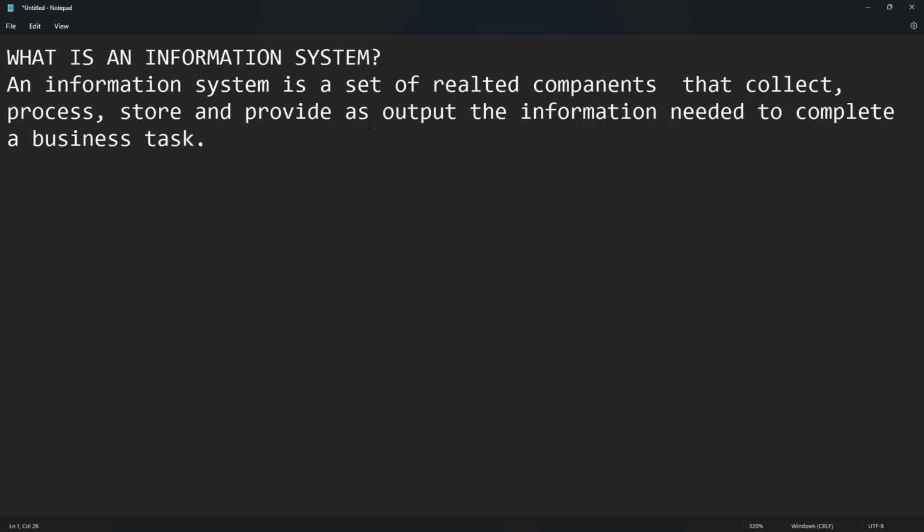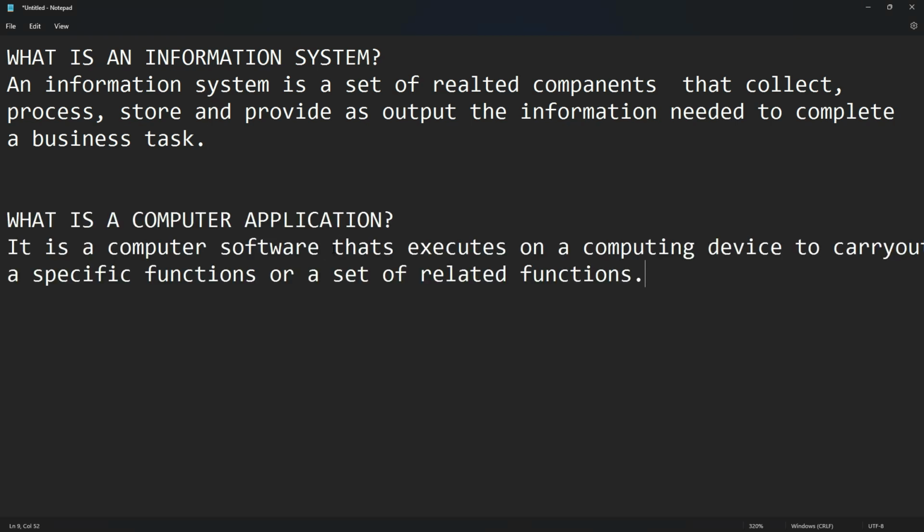And bear in mind, it is not the same as a computer application, because a computer application is just computing software. It's a computer software that executes on a computing device to carry out specific functions or a set of related functions. I also paste the definition right here, so you never get mixed up. They are two different things.